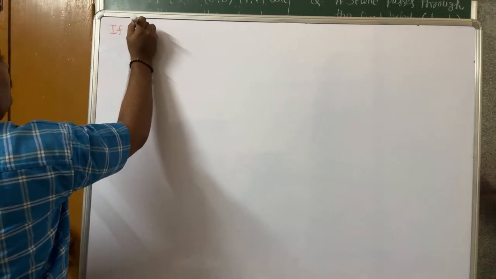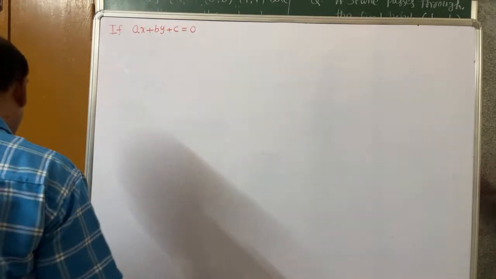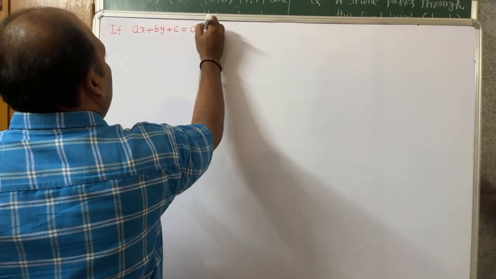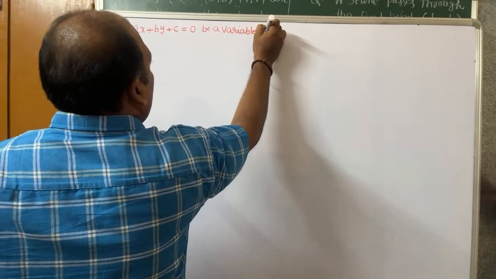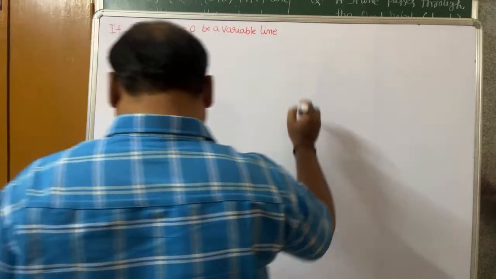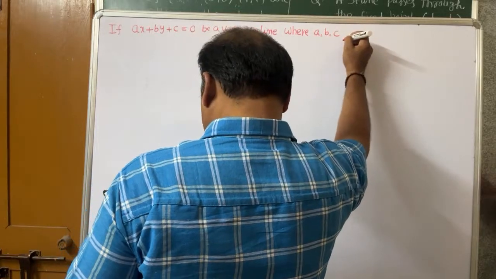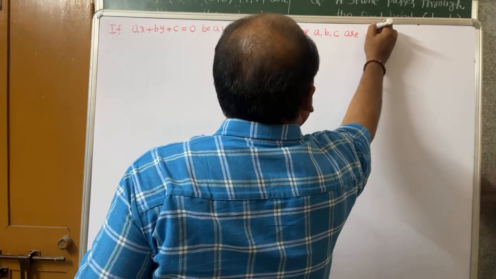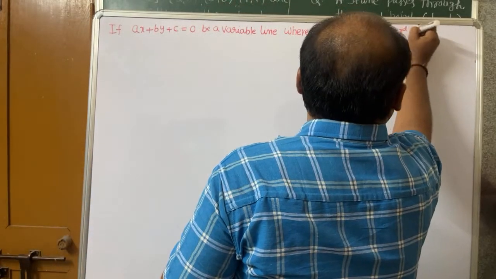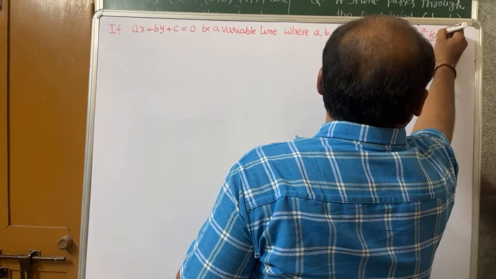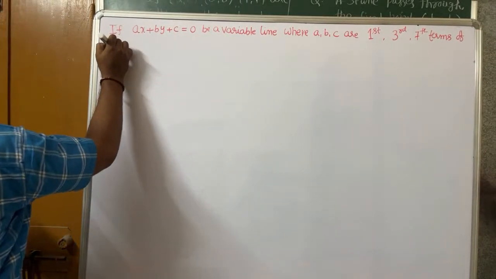If ax plus by plus c equal to 0 is a variable line, where a, b, c are the first, third, seventh terms of an increasing AP.